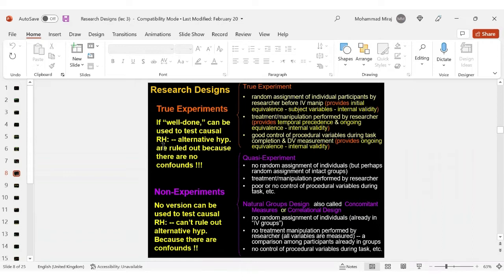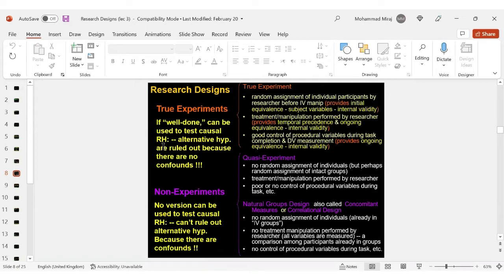By the way, what is blinding? What is blinding in research? Anybody? Blinding means just to avoid the bias. Bias. Okay, so what is the difference between a single blinded study and a double blinded study?